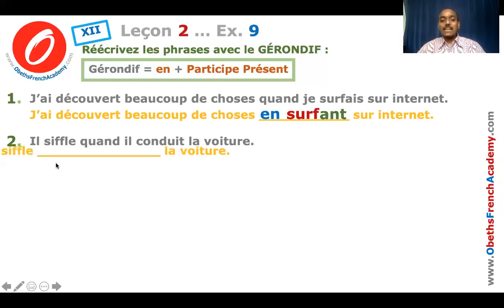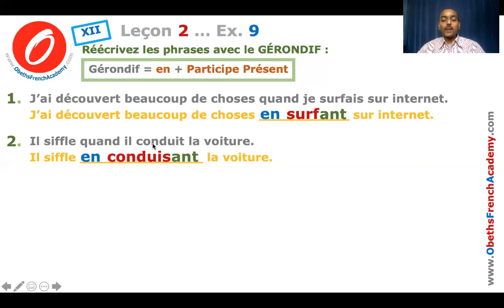So you will say he is whistling, blank, the car. In the blank, we need to put the verb conduire in gérondel form. So he is whistling while driving the car.